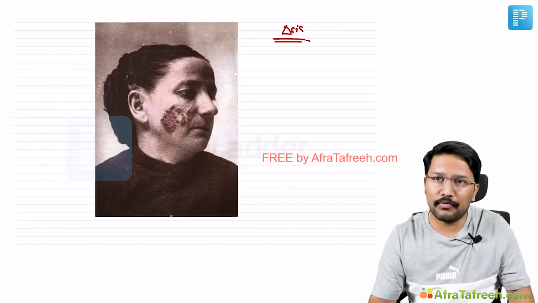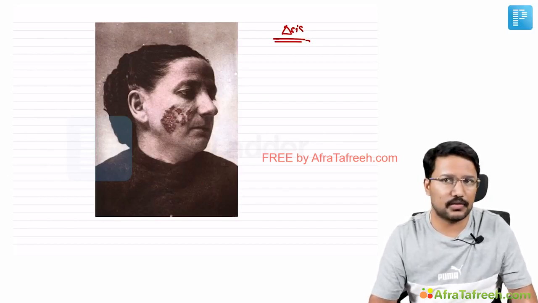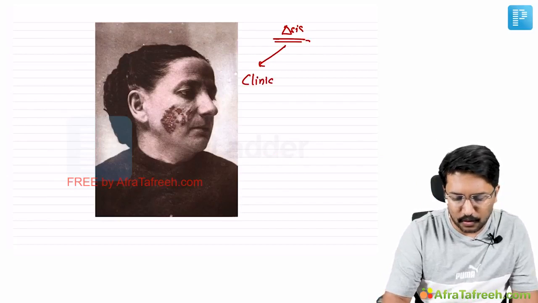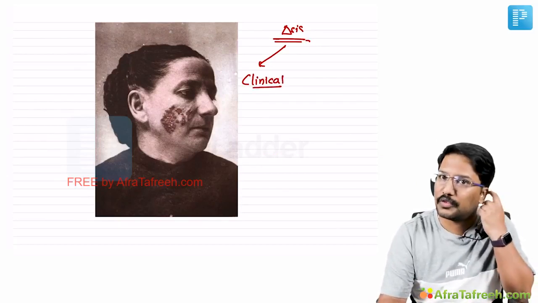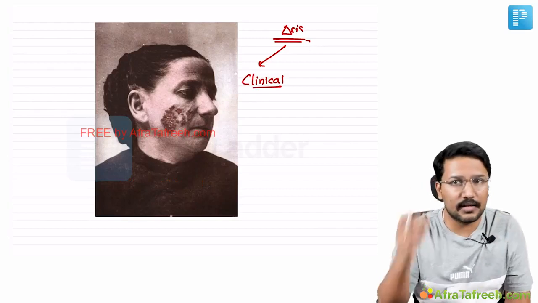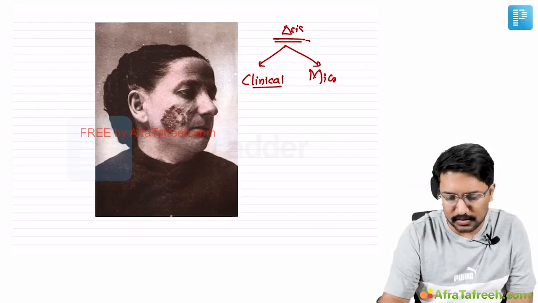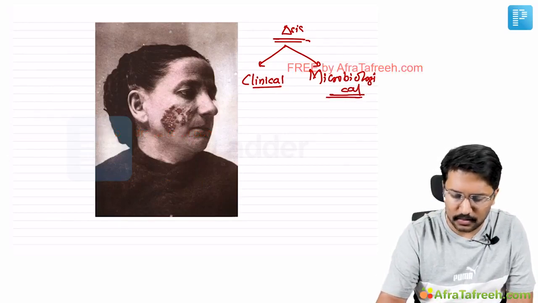But we should always aim for achieving a microbiological diagnosis. That should be our goal, right? So in the right clinical context, if you're not able to find microbiological evidence of tuberculosis infection, you might still consider treating empirically. But we should keep in mind that microbiological diagnosis is our goal.